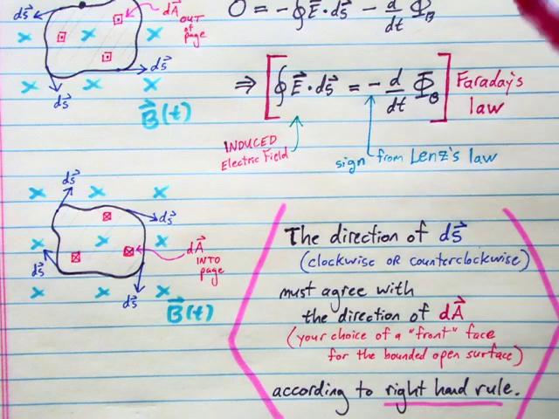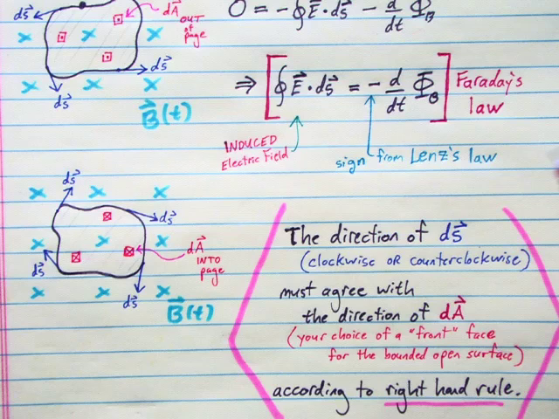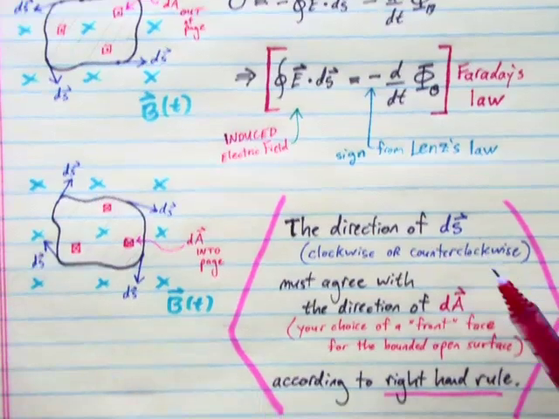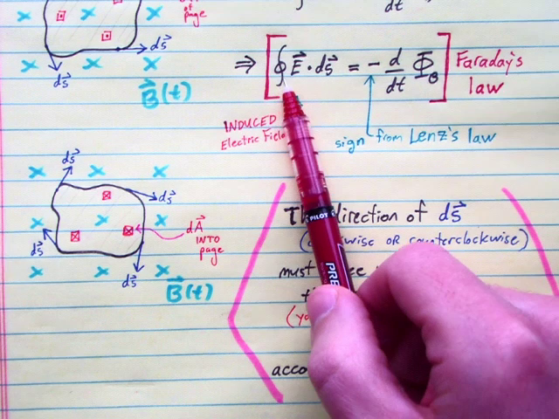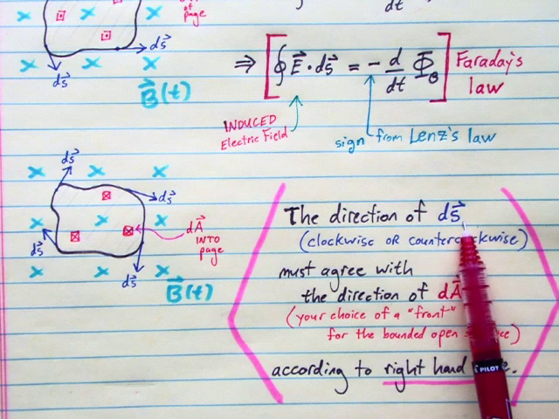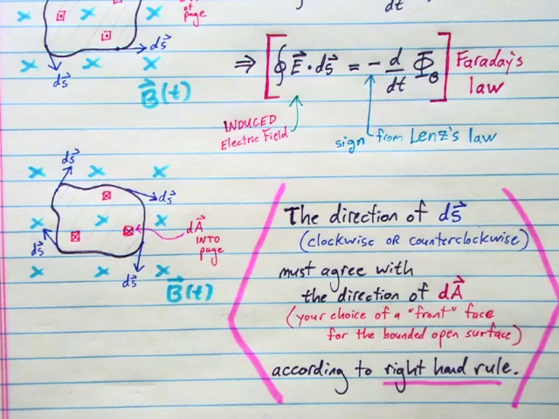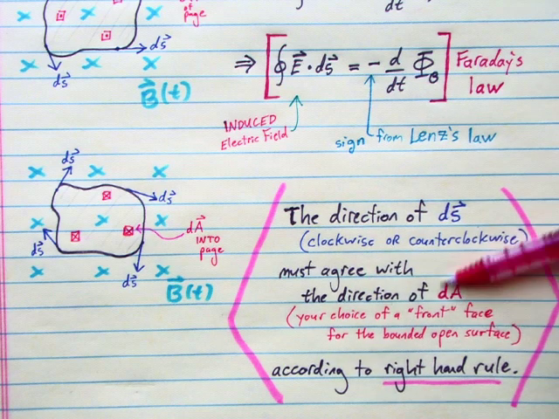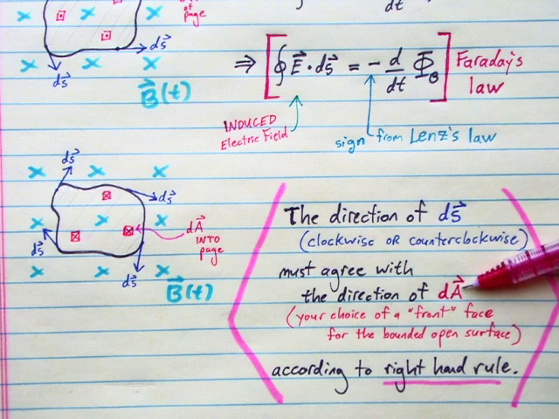Okay, so what do you need to know about utilizing this negative sign, and signs in general, with this equation? So note, if you're using Faraday's law and you're doing this closed path integral around some loop, the direction of your ds vectors around that loop, the direction of integration, clockwise or counterclockwise, must agree with the direction of your little dA surface area vectors perpendicular to your open surface.